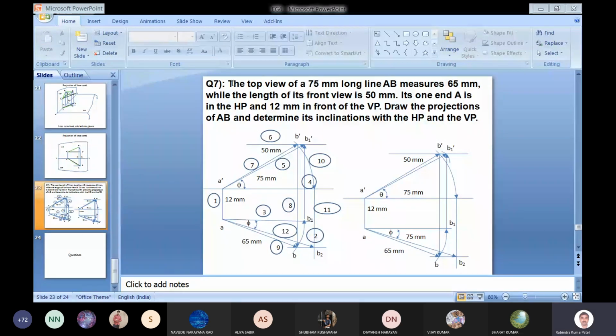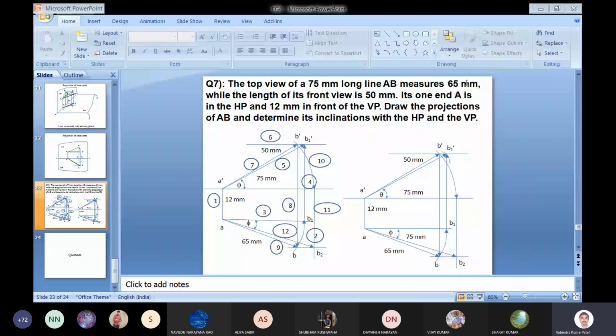So now you can see the top view of a line of 75 long. It means the true length of the line is 75 long, and the top view of line AB measures 65 millimeters. So two things we have got.